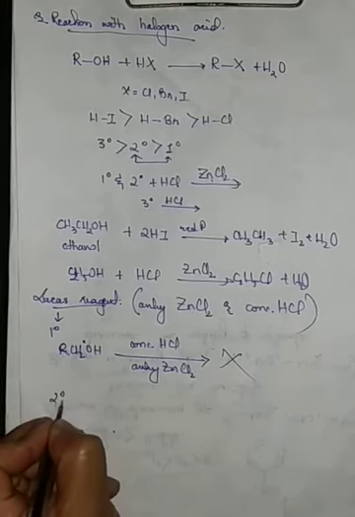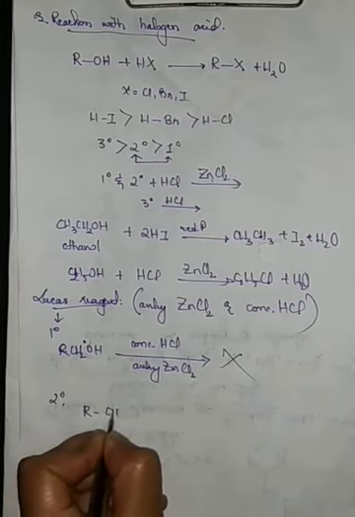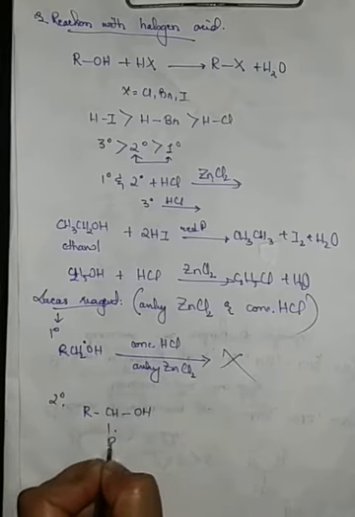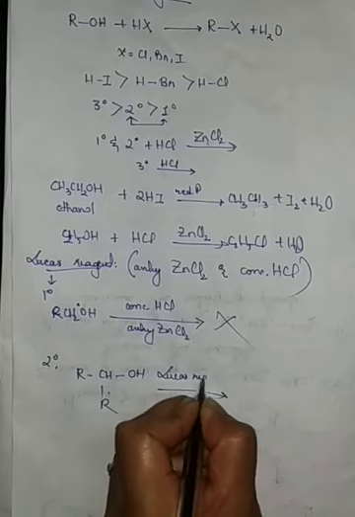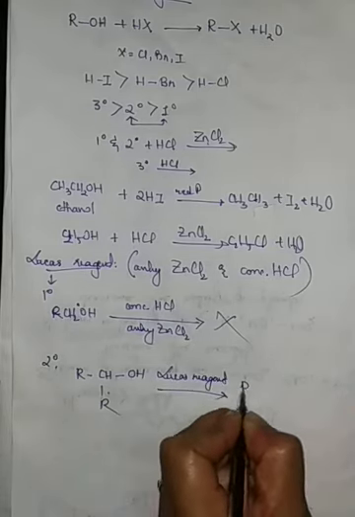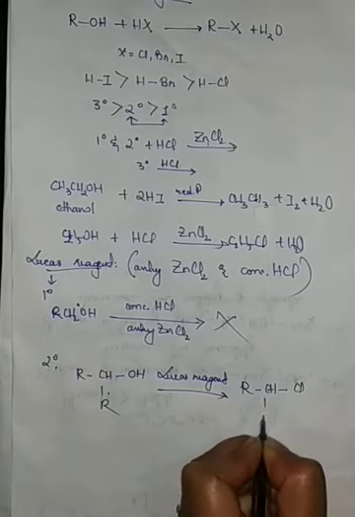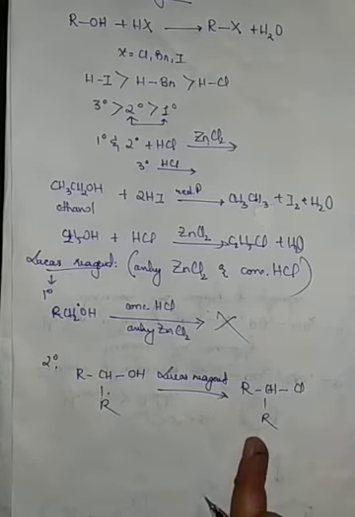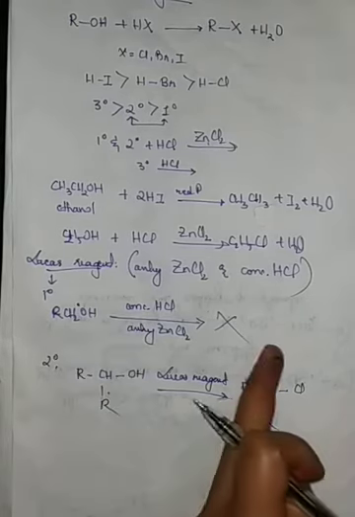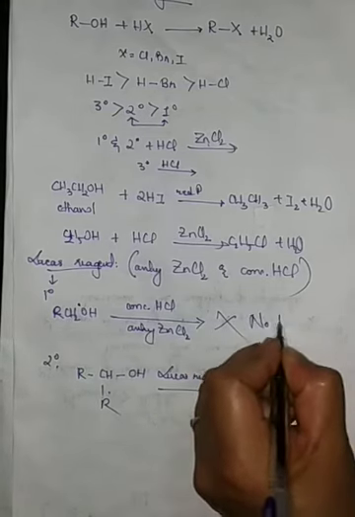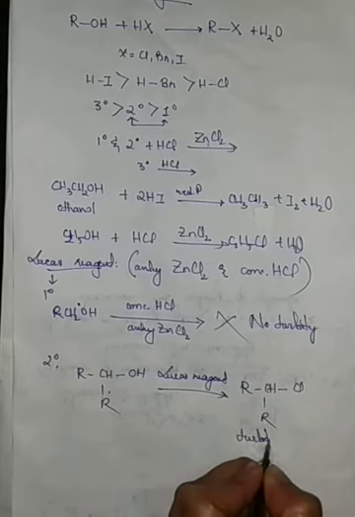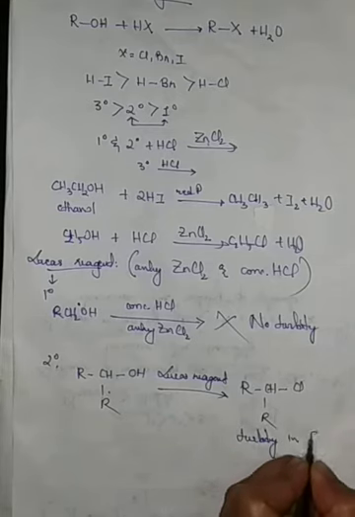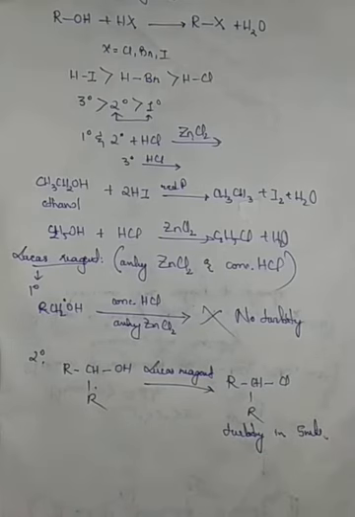Now when we see secondary alcohols, R2CHOH, when they react with our Lucas reagent, they will give us R2CHCl. Here, white cloudiness or turbidity appears within 5 minutes. But in primary alcohols, we have seen that there was no turbidity or no reaction. Here there is turbidity in 5 minutes.